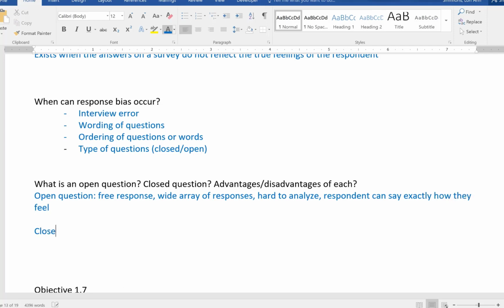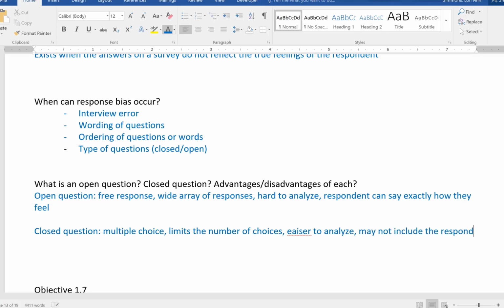And then a closed question is like a multiple choice. It limits the number of choices. This is easier to analyze, but may not include the respondent's choice.